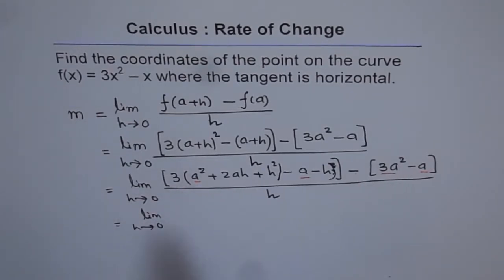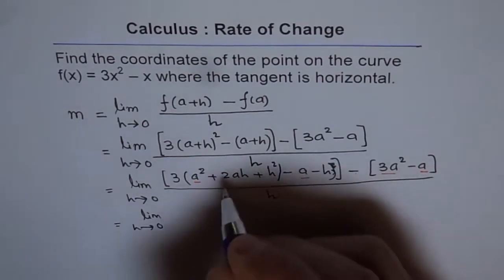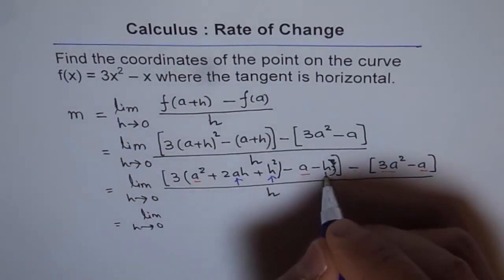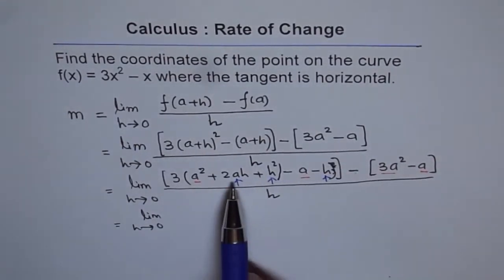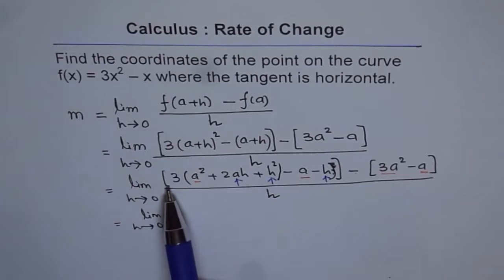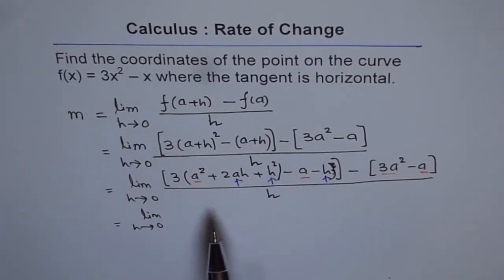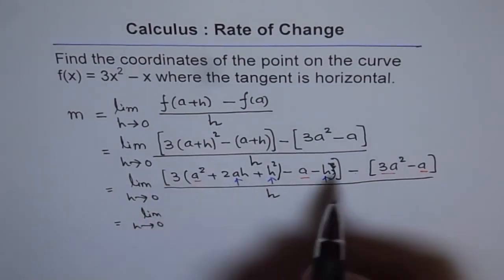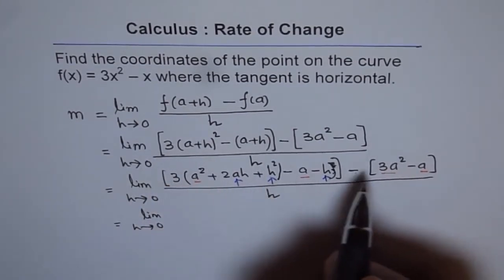Another thing you will notice is that we are left with these terms, and in all these 3 terms, we have h common. Do you see that? h is common, so we can factor that out, correct? I'm cutting on the steps because we have done many questions like this now. 3 times a square minus 3 times a square is 0, so I'm not writing that.